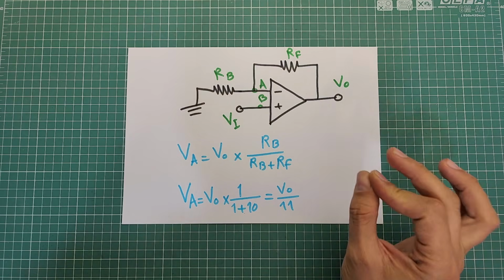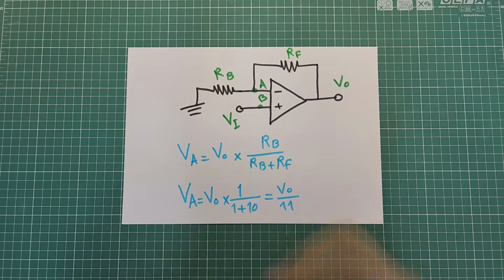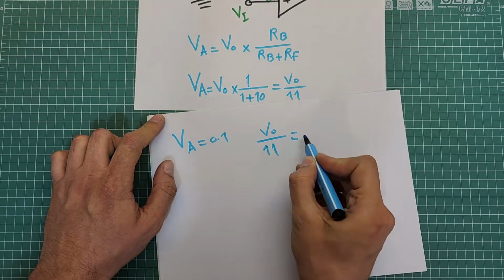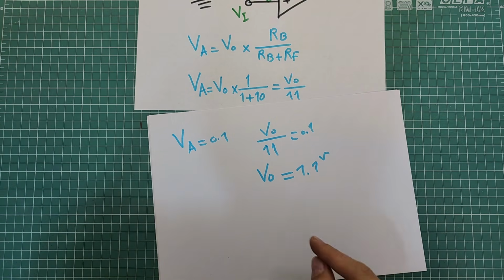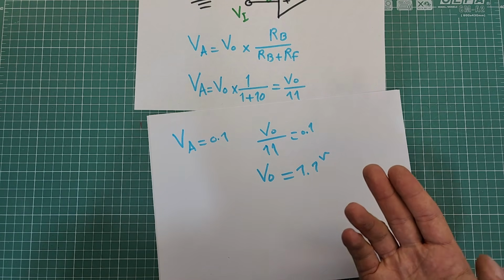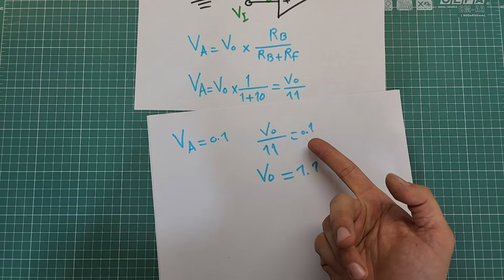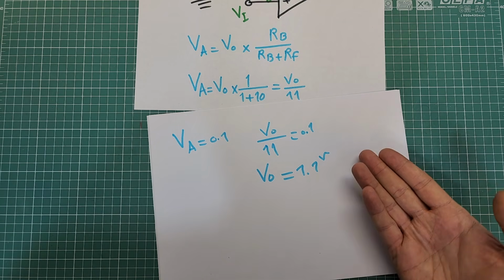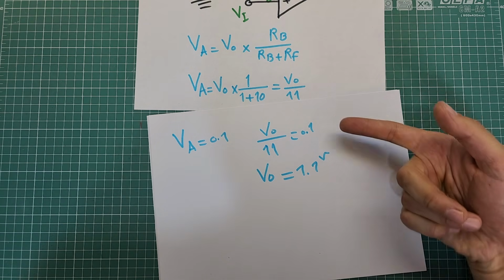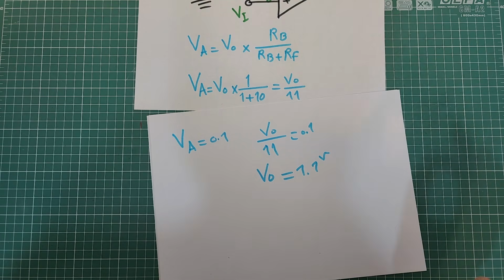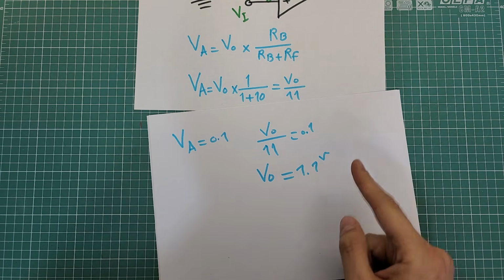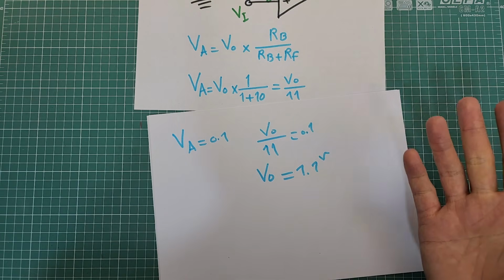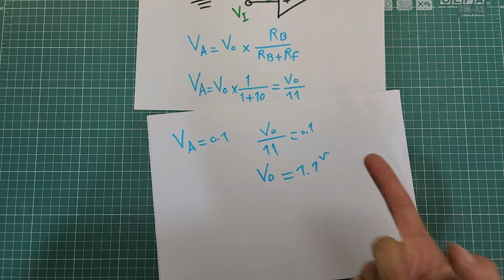So by using the voltage divider circuit, the op-amp has to put 1.1 volt on the output to make the voltage at inverting input equal to 0.1 volt to make the voltages at inverting and non-inverting inputs equal. So the voltage at output is 11 times bigger than the input voltage. It means that we have successfully amplified the tiny 0.1 volt input voltage to a larger value 1.1 volt.